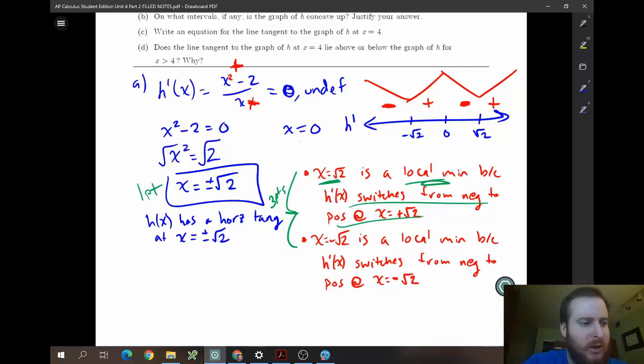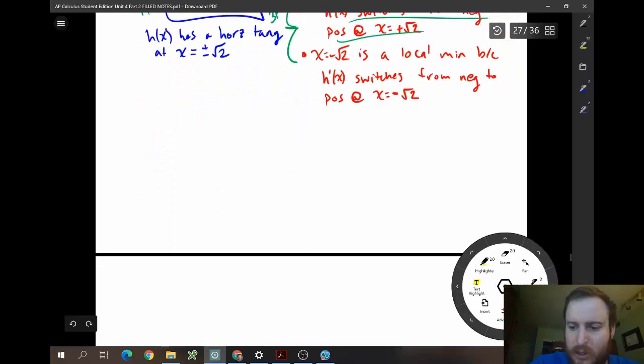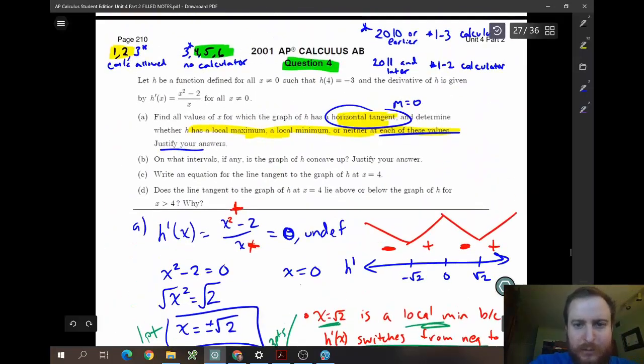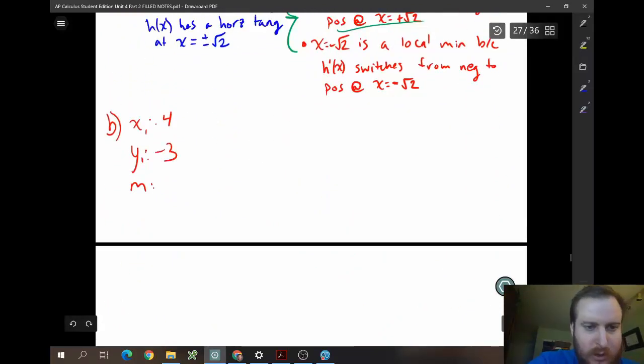Okay, question B. Write an equation for the tangent line to the graph of h at x equals 4. So anytime we see, write an equation of a tangent line, I always like to start off with our x1, y1, and m. So x1 is 4, and y1 we would have to plug into the original. We don't have an original, but they told us h of 4 is equal to negative 3. So we're just going to do negative 3.